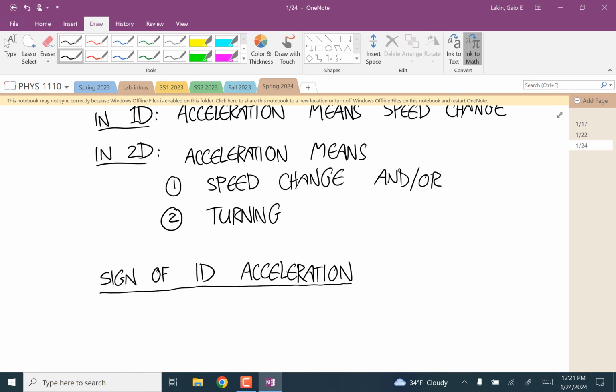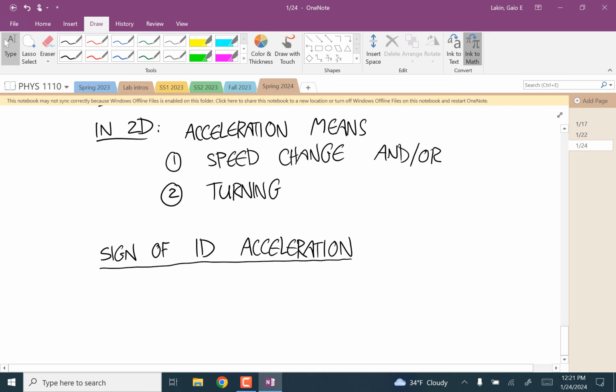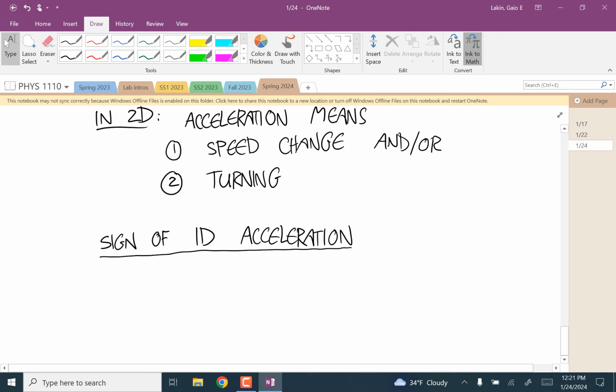I mean, it's sort of an unfair question to ask you that, like I'm just starting to talk about acceleration. But if you had to guess what positive or negative acceleration meant, you might think, oh, well, I'll bet a positive acceleration is speeding up and a negative acceleration is slowing down. It's a little more complicated than that, so you have to be careful with this.